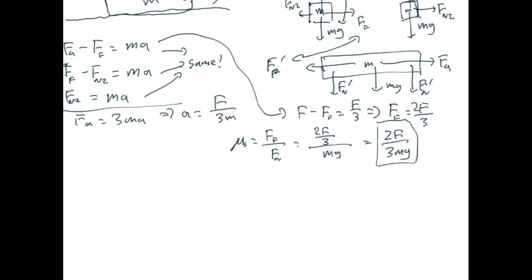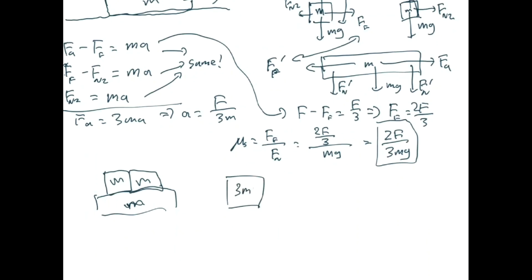Okay, so there is also a second way to do this problem, which is a bit nicer, in my opinion. How we do it here is we consider these 3 boxes as one system. This collection of 3 boxes is equivalent to just one big box of 3m if you're looking at it from the outside.